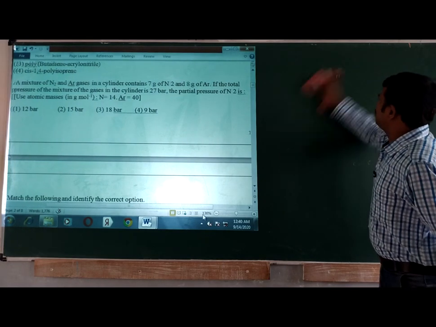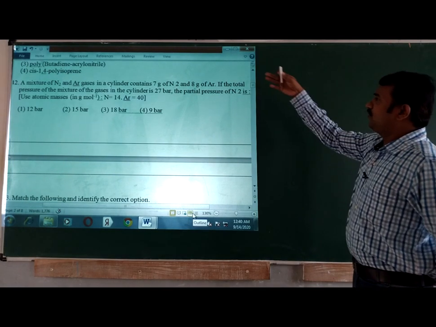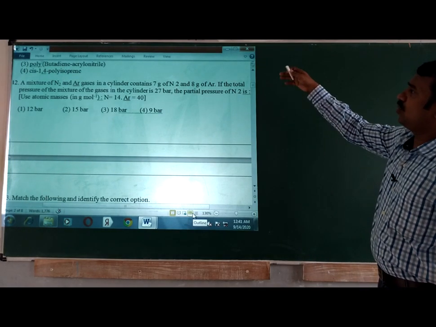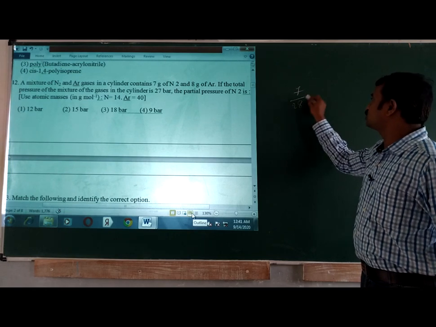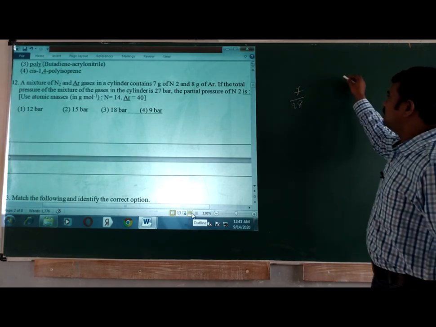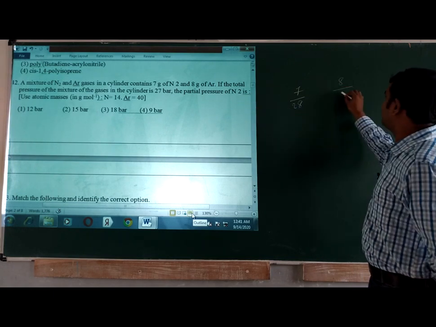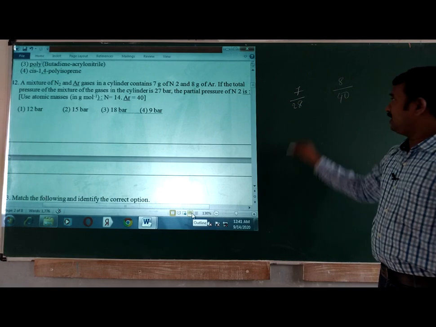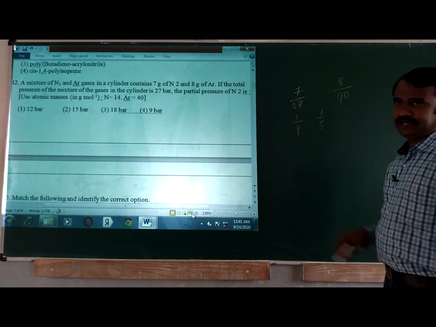Here they have given the 27 bar pressure. The first one is nitrogen, 7 divided by the molecular weight of nitrogen, 28, and argon, 8 divided by the molecular mass of argon, which is 40. You will get 1 divided by 4 and 1 divided by 5.